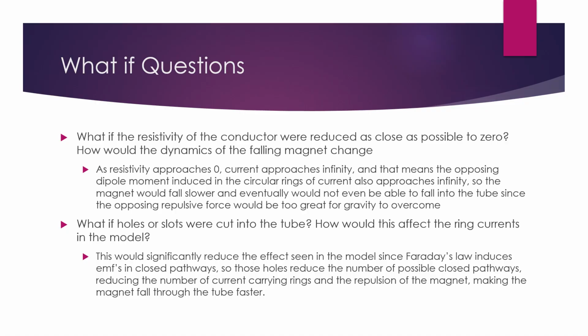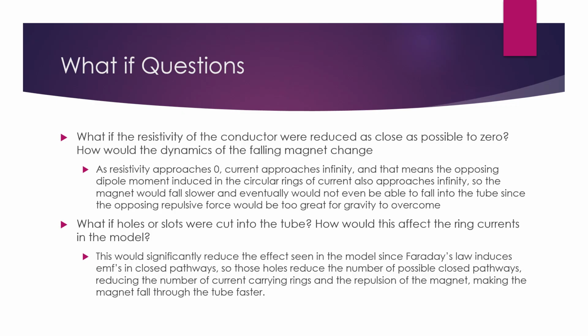And for the what-if questions: what if the resistivity of the conductor were reduced as close as possible to zero? Well, if the resistivity approaches zero, then the current approaches infinity, since we know that EMF over R equals I. So if R is really, really small, that makes I really, really big. That means the opposing dipole moment induced in the circular rings of current would also approach infinity.